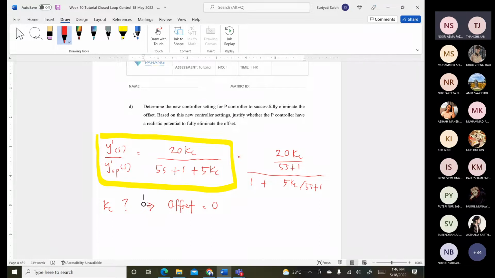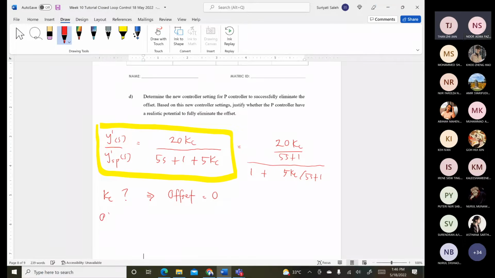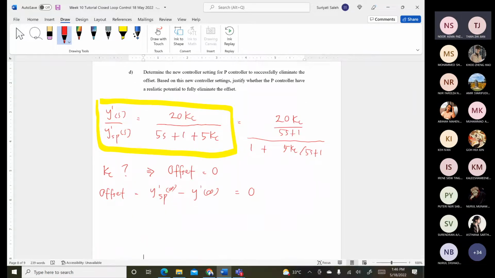We know that in this case, offset is equal to y prime sp minus y prime infinity. So the offset now is equal to 0. Based on the given statement, the y prime sp infinity we use by default is equal to 1. So in this case, the y prime infinity must be equal to 1. So 1 minus 1 equal to 0.